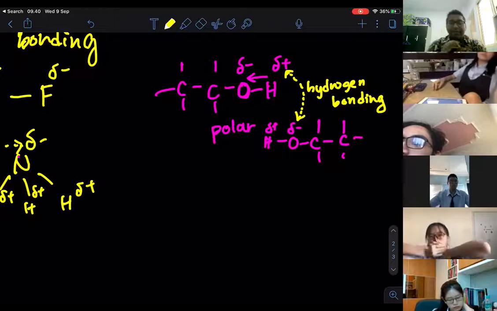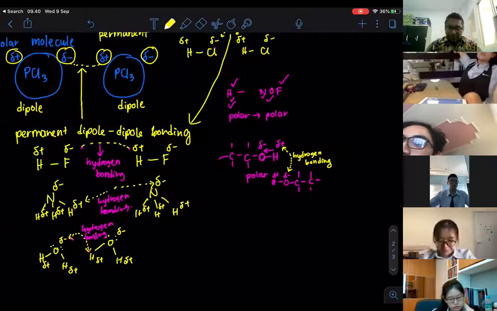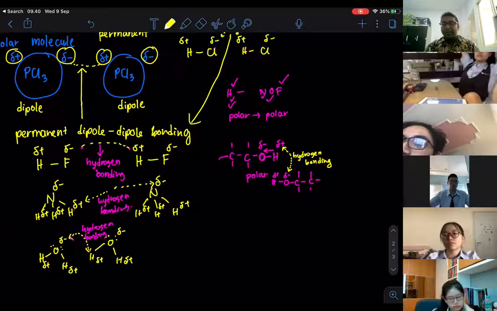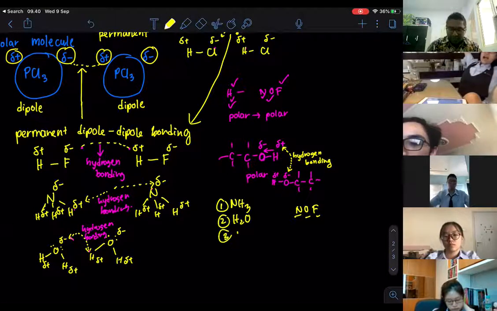I have actually given you 4 examples of hydrogen bonding. I think it's good enough, because it will help you to determine which one has hydrogen bonding. One is going to be ammonia. Second will be NOF, you just remember NOF. So ammonia, involving oxygen is water, involving F is going to be HF.